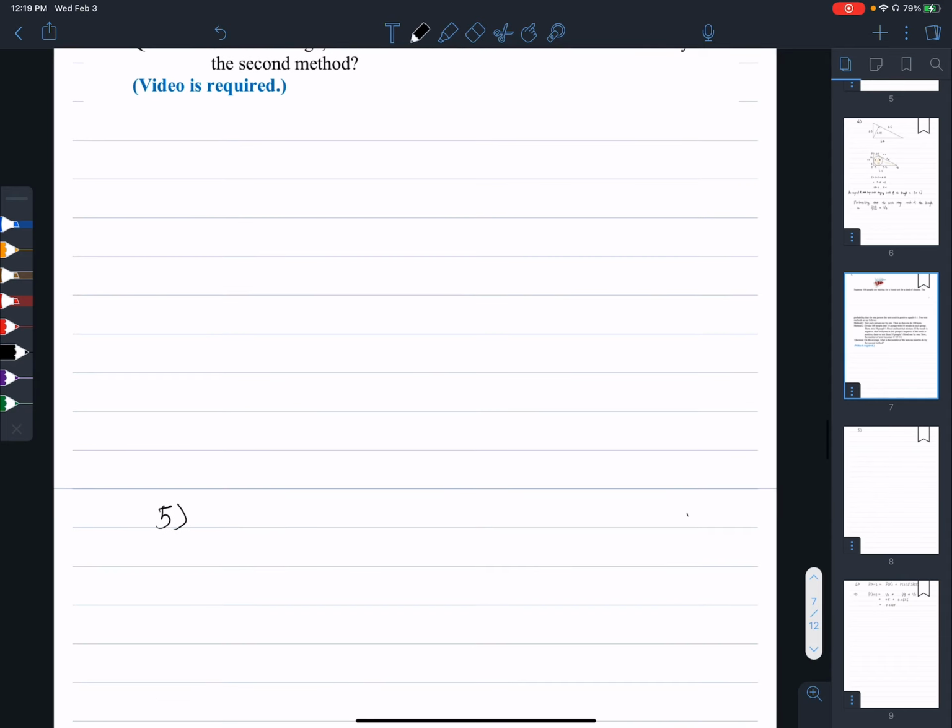So for question 5, in the second method, the number of tests is either 1 or 11.